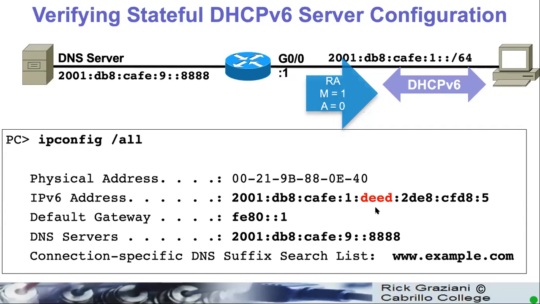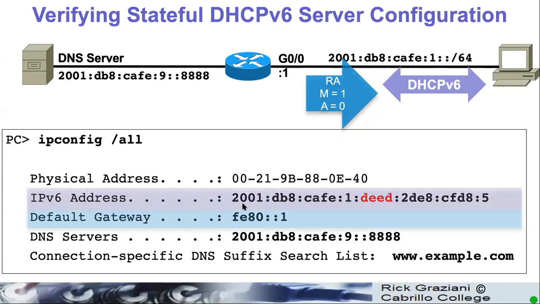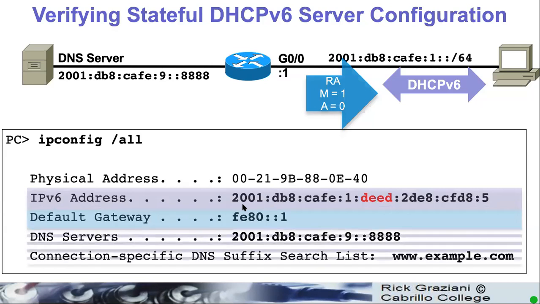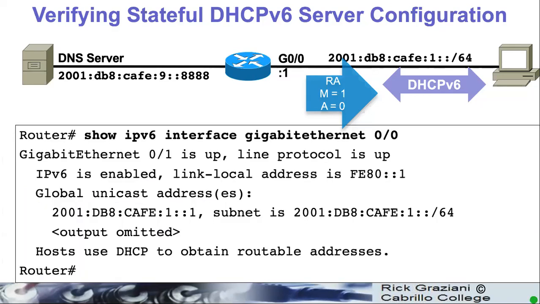So the only thing received from the router advertisement was the default gateway, and also the prefix and the on-link flag. But this address here was received from the stateful DHCPv6 server, and so was this information here, the DNS server and the domain name.